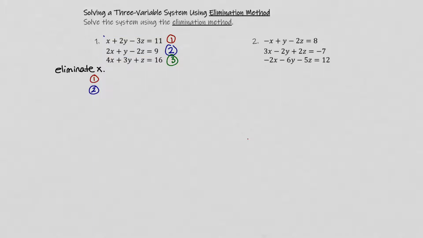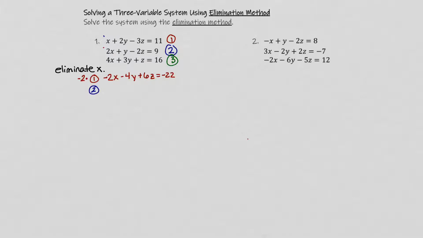So I'm going to multiply that first equation by a negative 2. Every single term in that equation has to be multiplied by negative 2, and I'm going to rewrite it doing that. So I have negative 2x minus 4y plus 6z equals negative 22. That was taking each of these terms and multiplying it by negative 2.